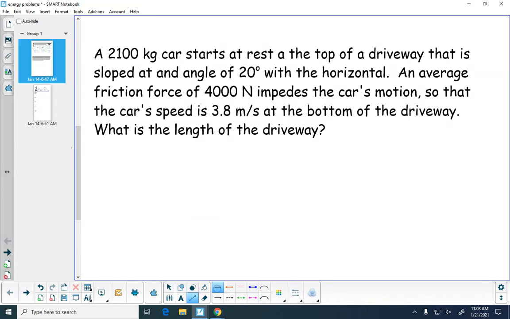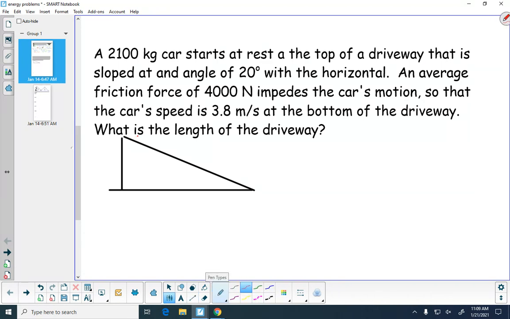Well, hopefully, what we just did is going to assist us a little bit now. But what we have here is an inclined plane.